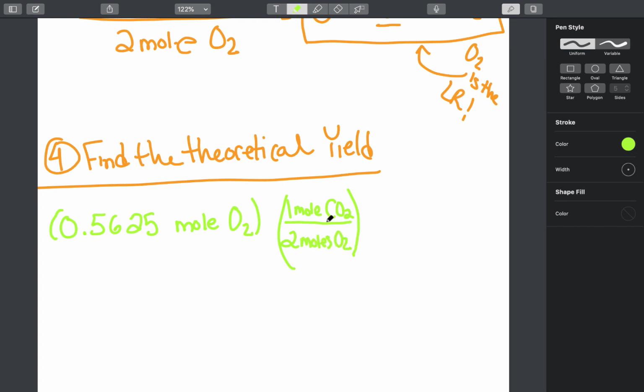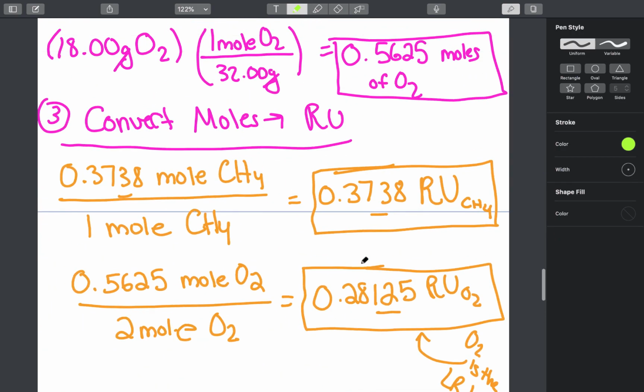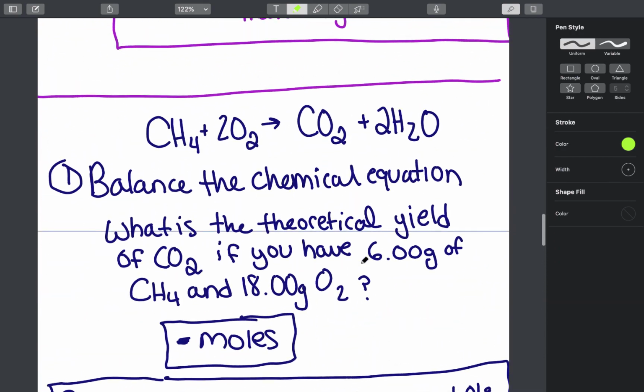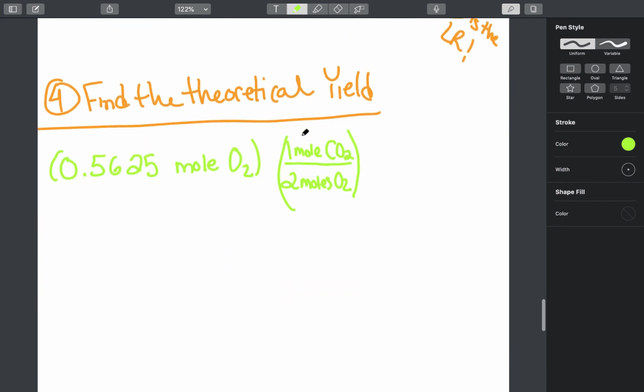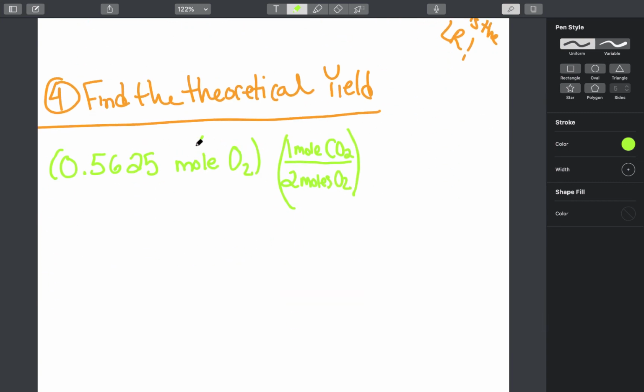That comes directly from our chemical equation, because for every 2 moles of oxygen gas, you get 1 mole of CO2. The moles of O2 cancel out, and when you plug this in your calculator, you get 0.2813 moles of CO2.